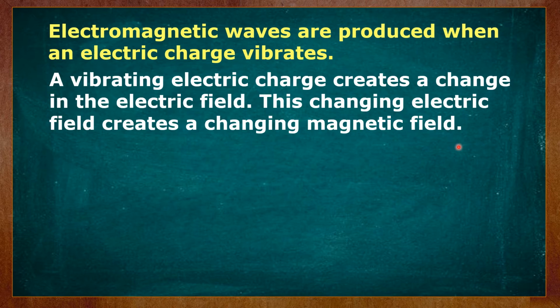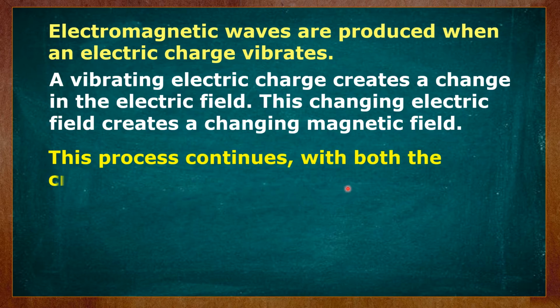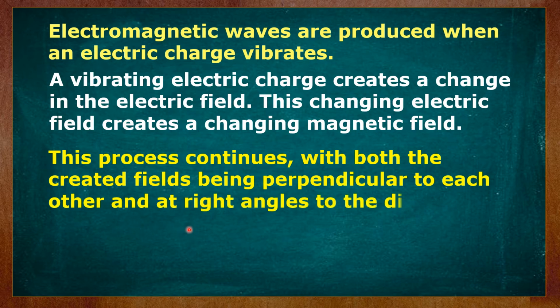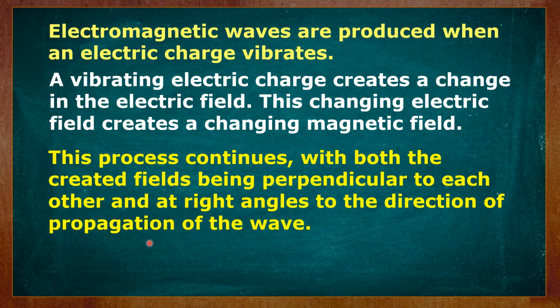Okay, so see here. This process continues with both the created fields being perpendicular to each other and at right angles to the direction of propagation of the wave. So when an electric charge is vibrating, this vibrating electric charge creates changing electric field.